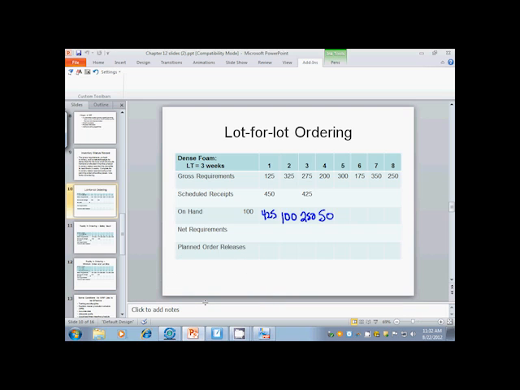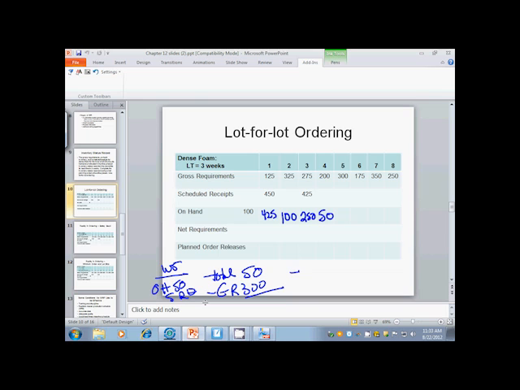Moving right along to week 5. In week 5, I have on hand 50 units with a scheduled receipt of 0, which gives me a total of 50 units to use. But if I look at my gross requirements, I plan on using 300.